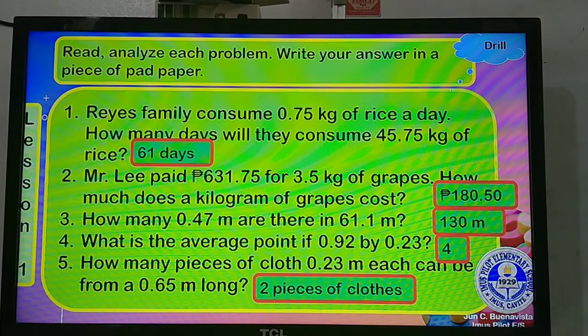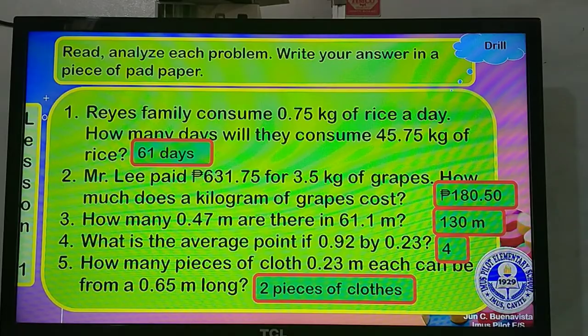There is a remainder, but the question is how many pieces of cloth? The remainder is not included since you are asked about the cloths. That is why the answer is 2.